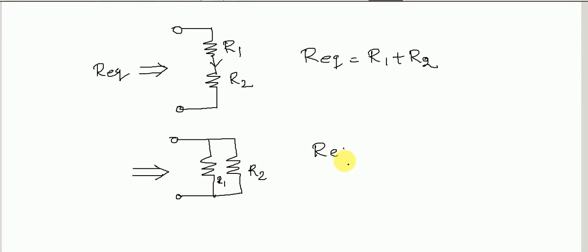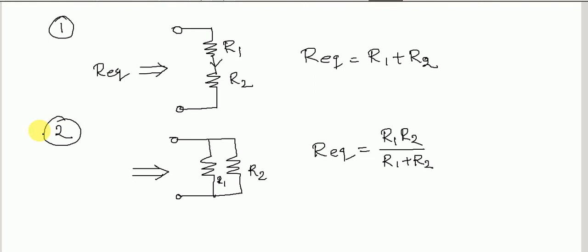The R equivalent will be R1 R2 divided by R1 plus R2. Now the first combination is the series combination and the second combination is the parallel combination. I hope everybody knows these basic things.